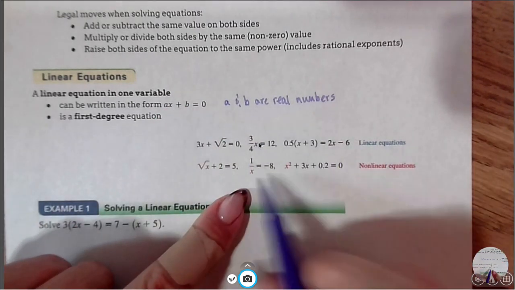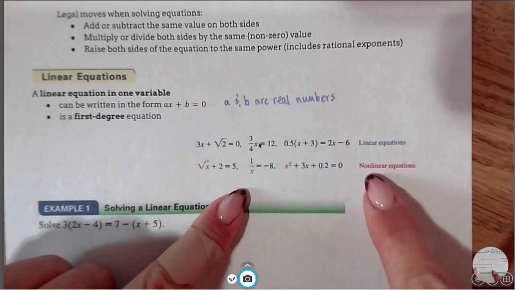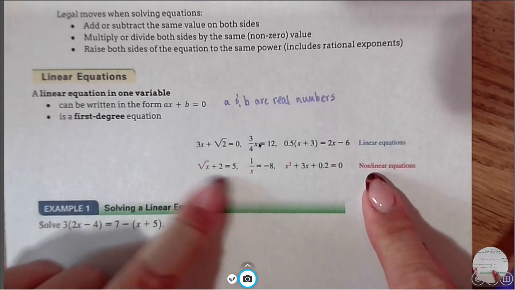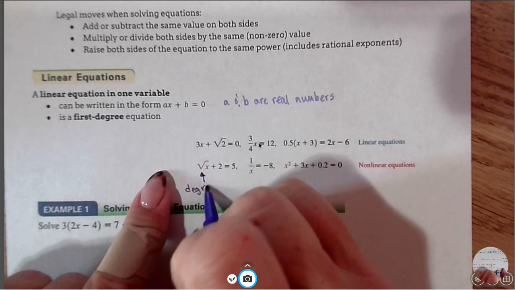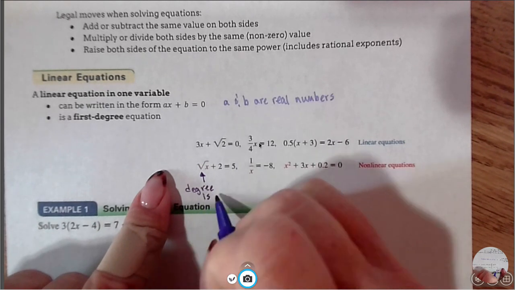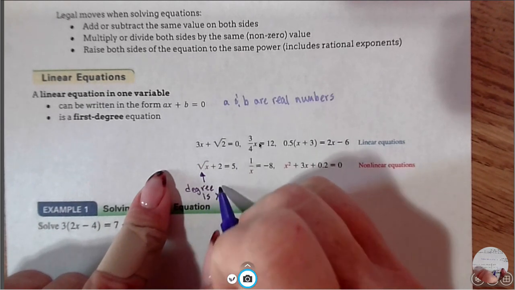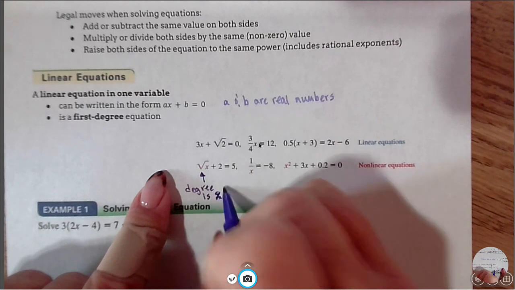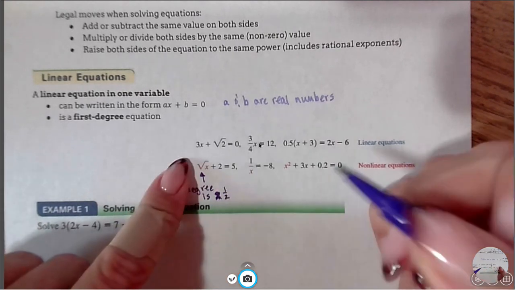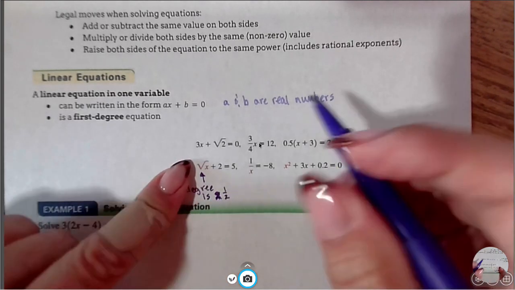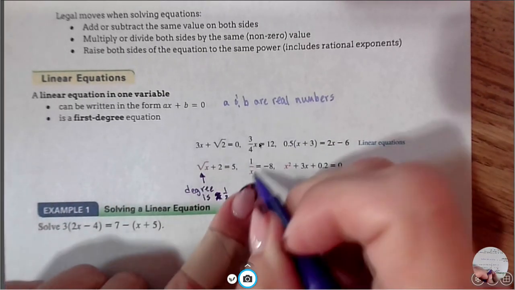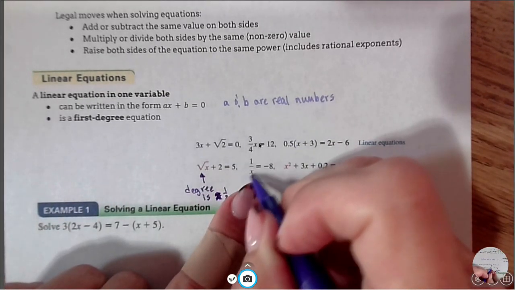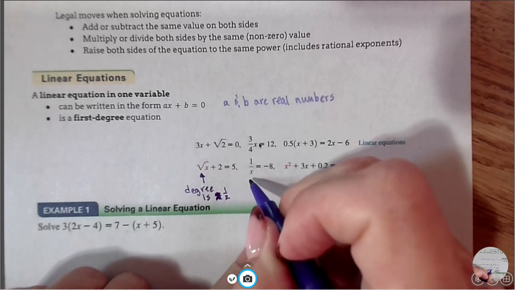These ones are not linear equations. We call them nonlinear equations because on this one, the degree is not 1, it is 1/2, because the square root of x can be written as x to the 1/2. On this one, the degree is not 1, because remember that when we have a reciprocal, that means we had a negative exponent.